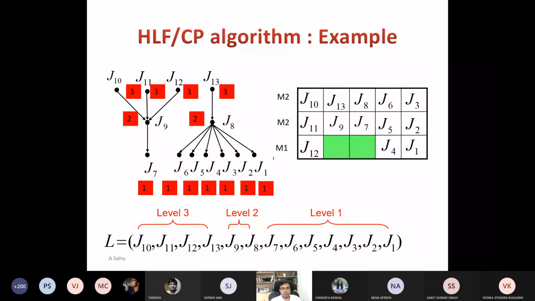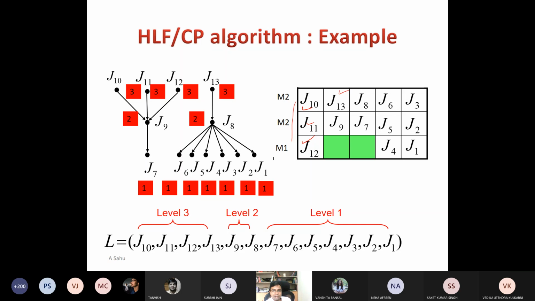So serially we are assigning J10, J11, and J12 first. Then we have assigned J13.